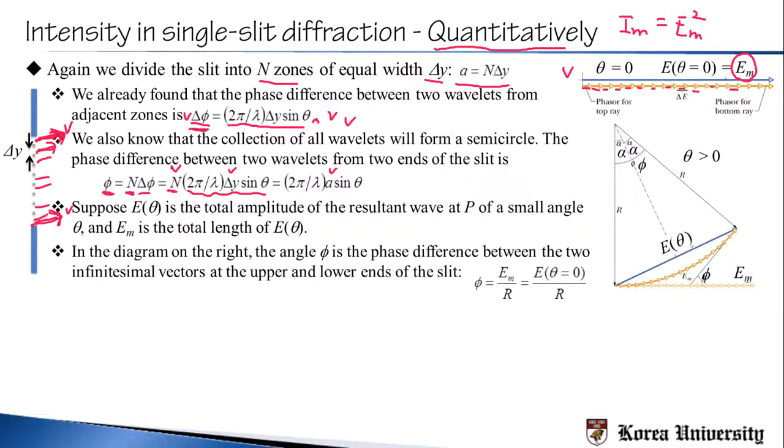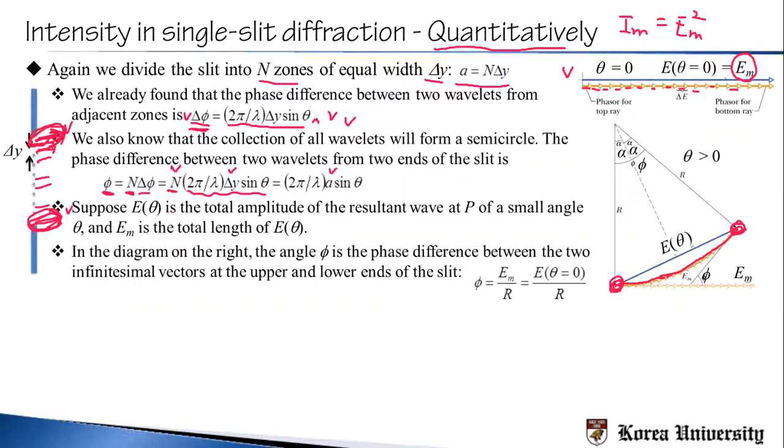So in this case, the angle between these phasors, for example, will be the delta phi, and then we learned that they form an arc. And then what is the phase angle difference between this phasor, the first one, and this phasor, the last one? Of course, this one corresponds to the phasor here, and that one corresponds to the phasor here.